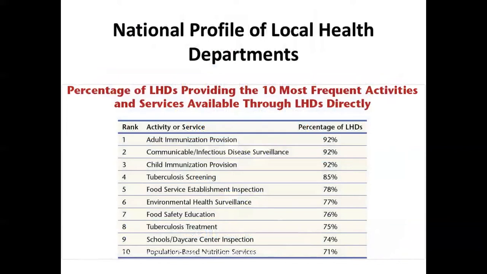As the governing entity of the local health department, the local board of health may provide direction on the department's activities based on community needs. This list includes the most common services and activities provided by local health departments in the U.S. As you can see, most of these services revolve around the provision of immunizations, environmental health and safety inspections, and other forms of disease prevention and control.